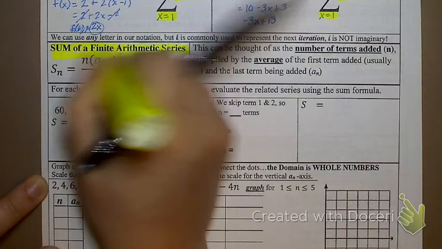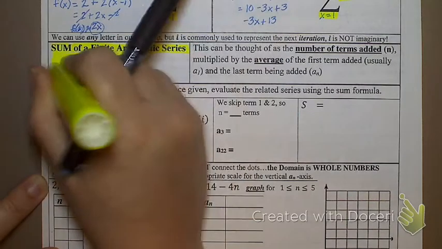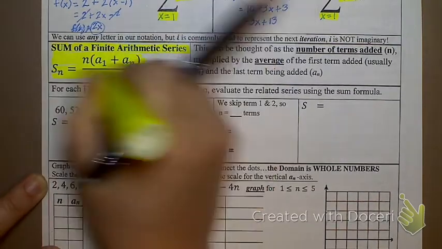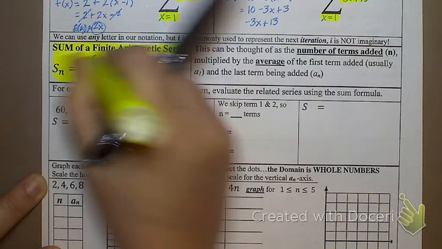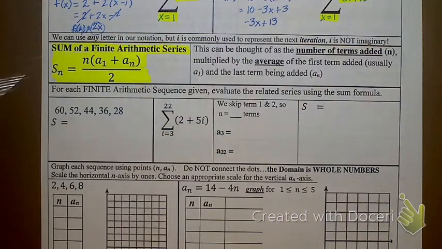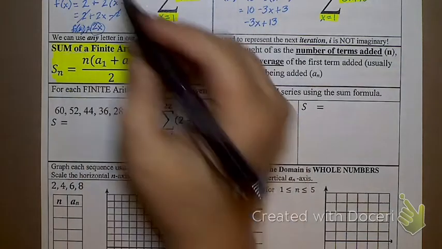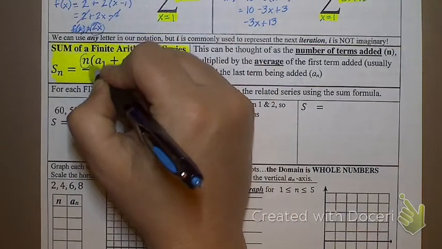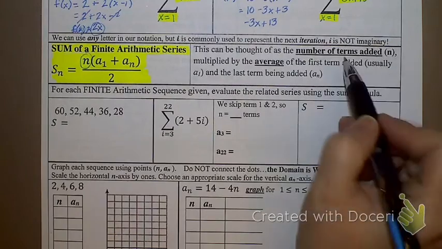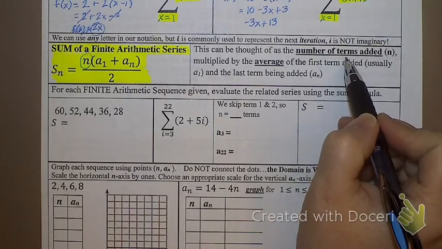All right, so here's my formula. Now, if you are a formula memorizer, fine. I'm more of a let's figure out what this means kind of person. So to find the sum of a formula, n is equal to the number of terms you are adding.